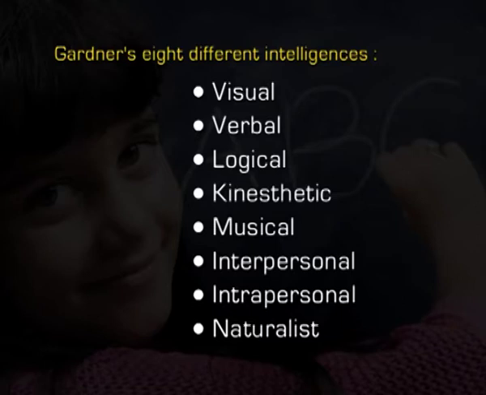Gardner proposes 8 different intelligences to account for a broader range of potential in children and in adults. These 8 intelligences include visual, verbal, logical, kinesthetic, musical, interpersonal, intrapersonal, and naturalist.